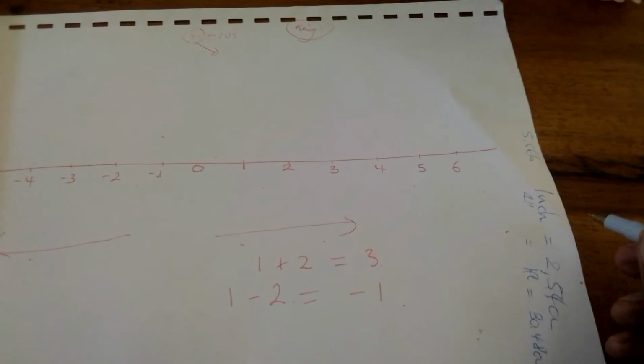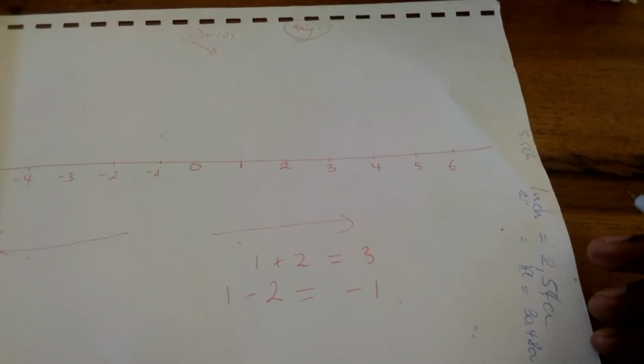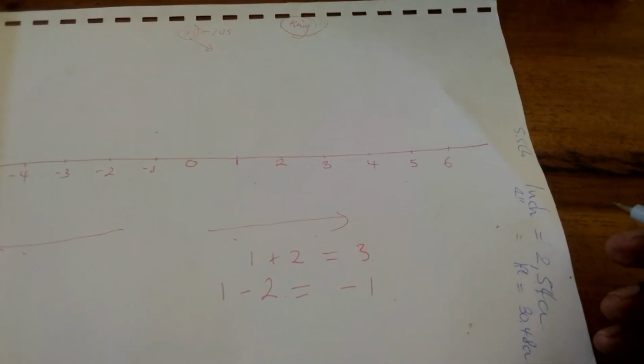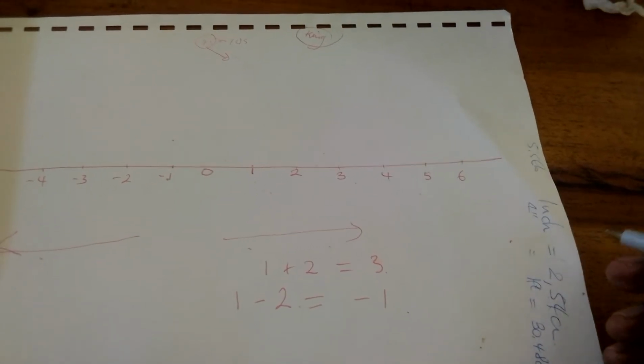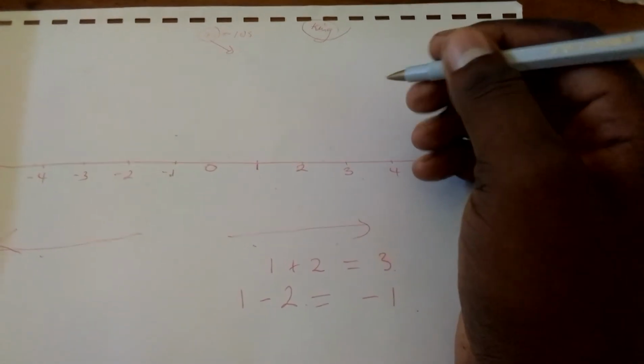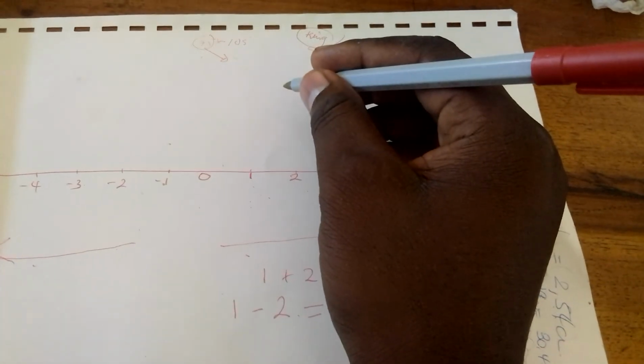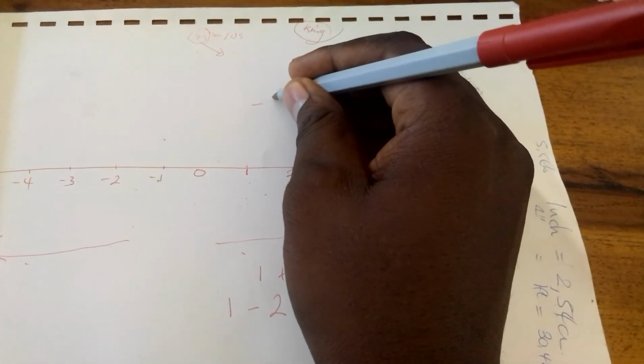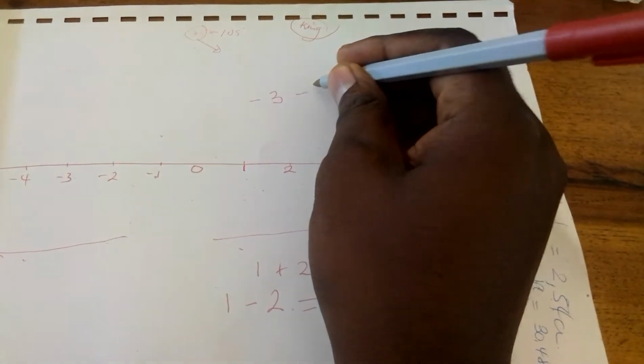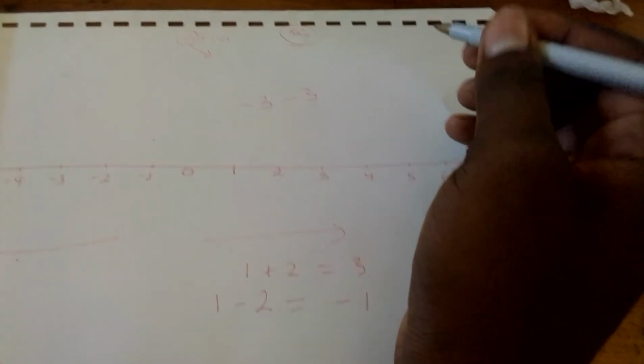But let us summarize this. It's as easy as you might think, but it might need some clarity. How do you solve, let's say, minus 3 minus 3? Let us generalize this.